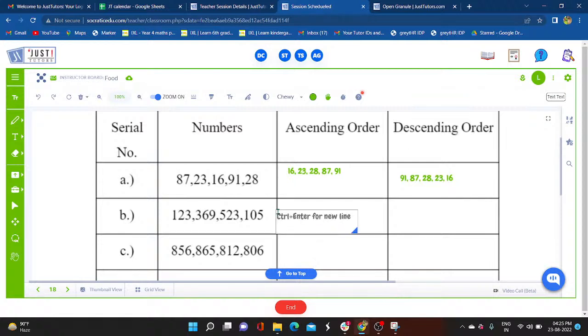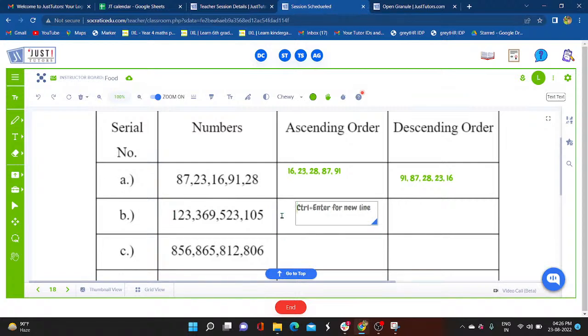Now let's try 3-digit numbers. So we would start with the smallest number coming first. So the smallest number would be, can you see we have 1, 3, 5 and 1. There are two numbers that have hundreds. Now we have to decide which one is smaller, 123 or 105.